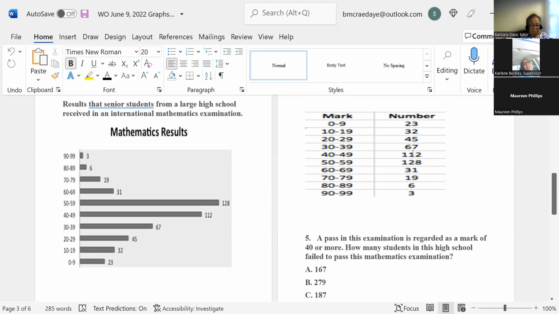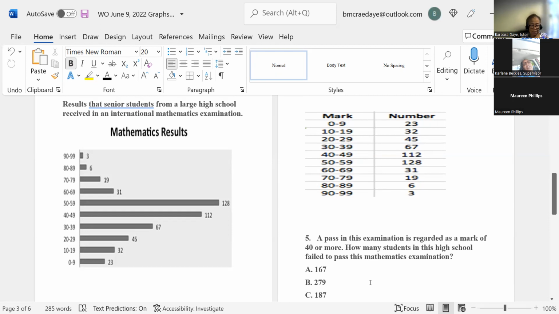So let's just look at your table. 40 to 49 down to 99, all passing. So anything under 40 would be a failure of the test, right? Just add up these four numbers, these four ranges, and you have your answer.